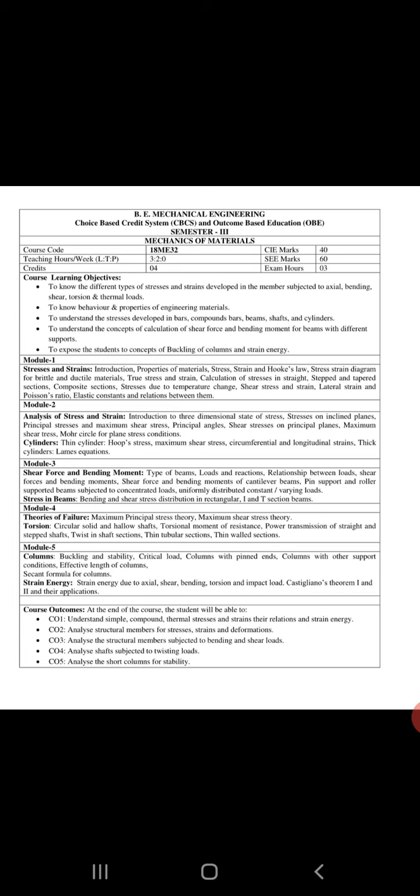In module 1 we will look at stress and strains and their simple calculations. Module 2 we will go with cylinders. Module 3 we will learn about stresses in beams. Module 4 we will learn about torsion. Module 5 we will learn about columns.